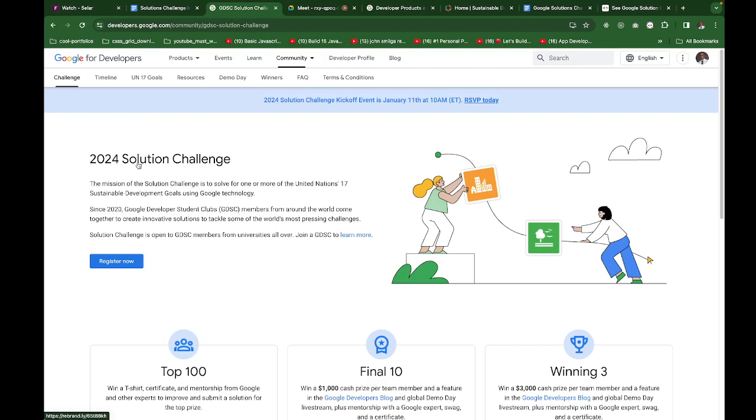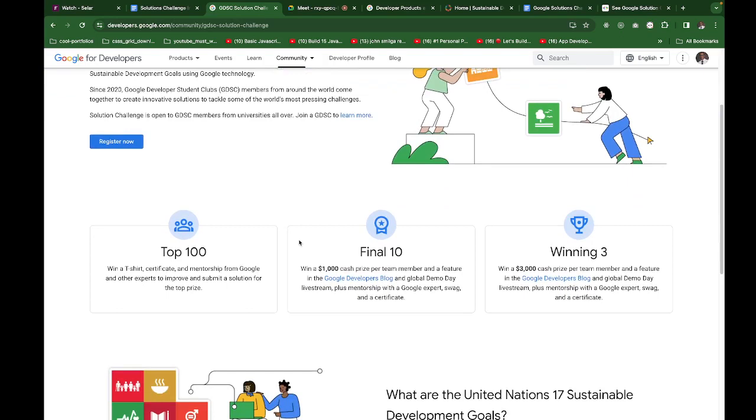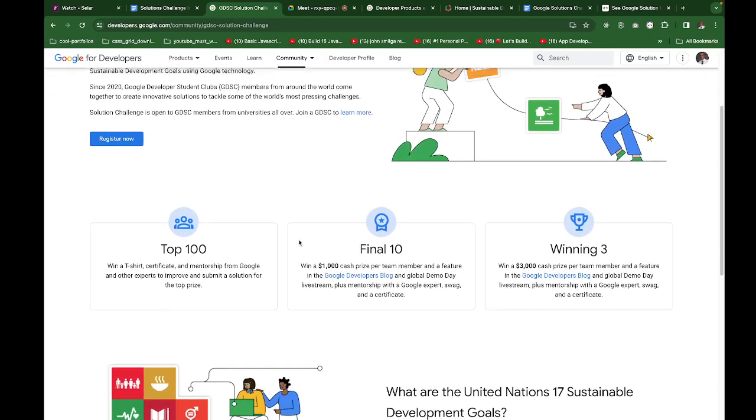The goal is very simple, which is building a solution that has a major impact and solves one of the problems in the 17 SDGs, the Sustainable Development Goals of the United Nations. And more importantly, you must make use of a Google product while solving any of those problems.